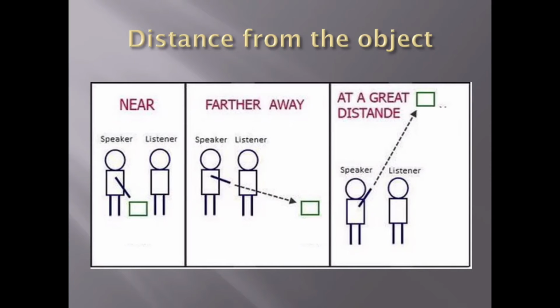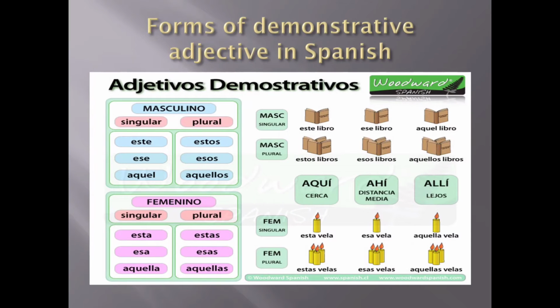Now, let's take a look at the forms of the demonstrative adjective in Español. We have separated the masculino or masculine and femenino or feminine with their singular and plural forms. For masculino, we use este for singular, estos for plural.